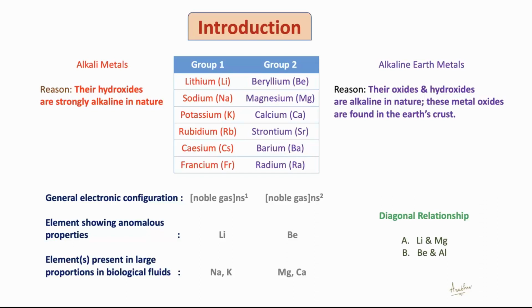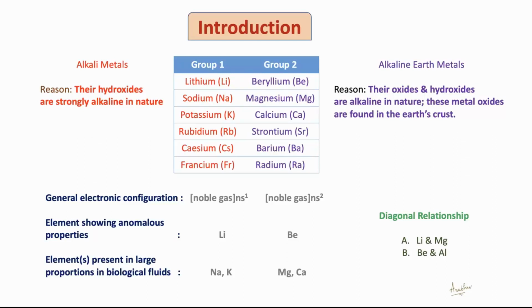The same thing goes for beryllium. Beryllium shows some properties that are not shown by the other elements of the same group, like magnesium, calcium, strontium, barium, and radium. So lithium and beryllium both possess some anomalous properties that keep them different from the other elements of the same group.